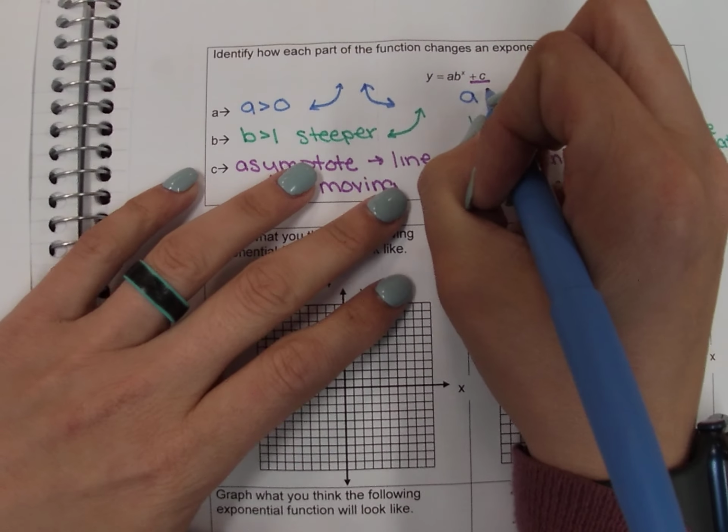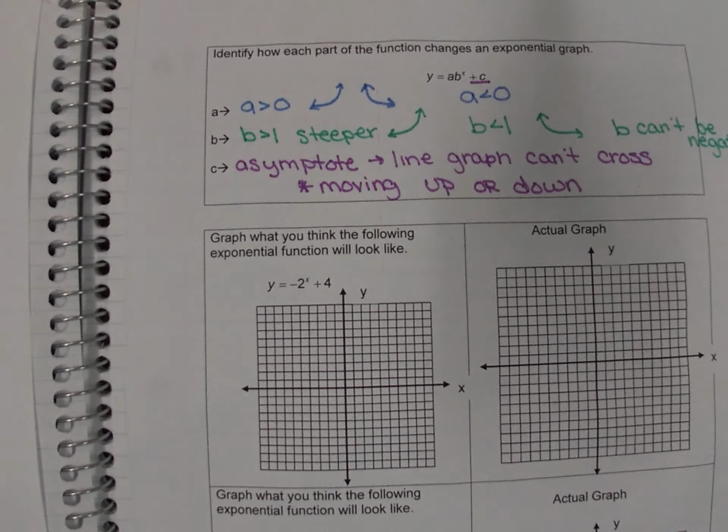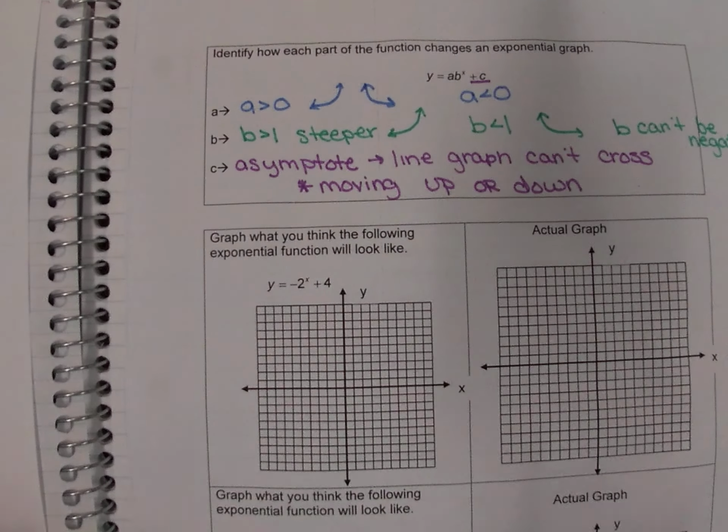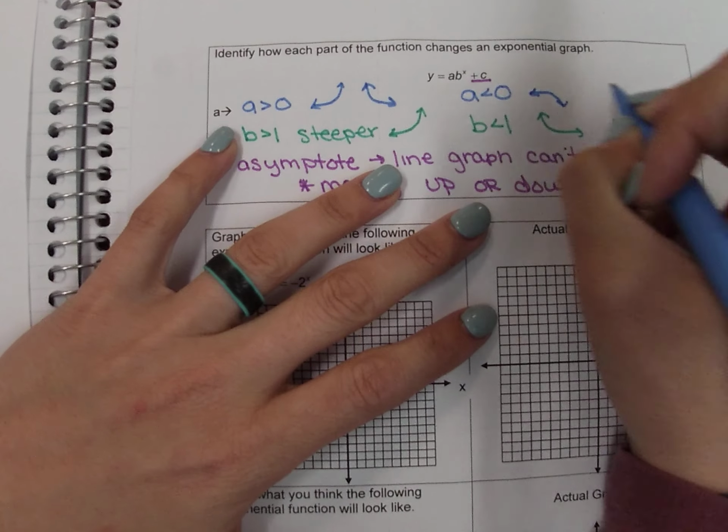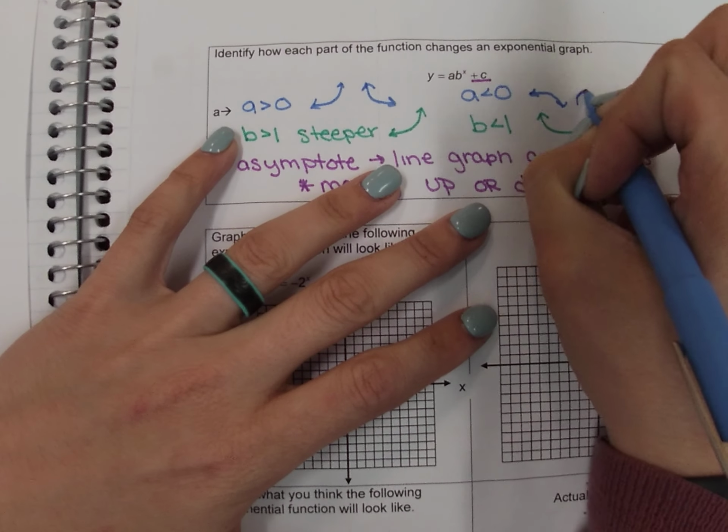If A is less than 0, which means A is negative, it has that downward shape to it, which means it's going either this way or this way.